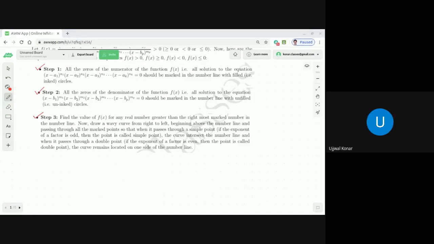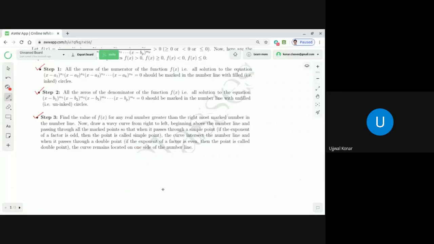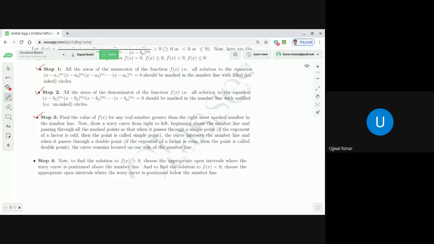Okay. Then what is step 4? Now step 4 is pretty simple. Let me first put step 4, then let me explain. Now, to find the solution to f(x) greater than 0, choose the appropriate open intervals where the wavy curve is positioned above the number line.